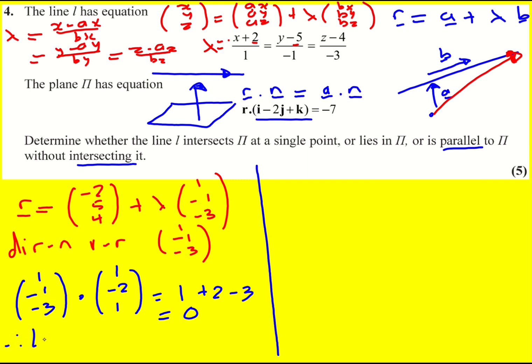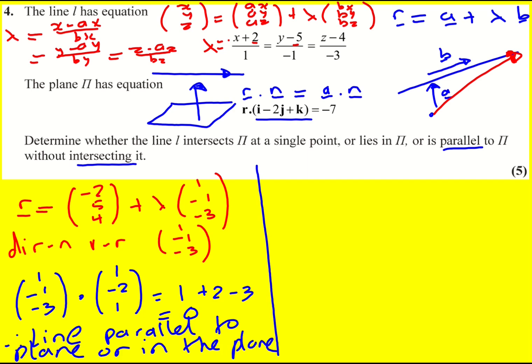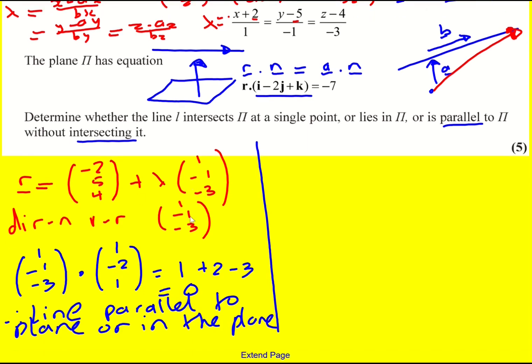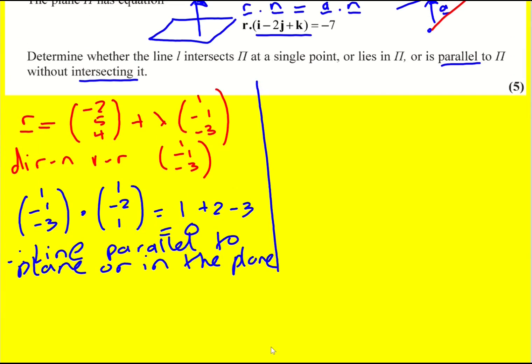So therefore, line parallel to plane or in the plane. So I just really now need to investigate a point and see if I get minus 7.